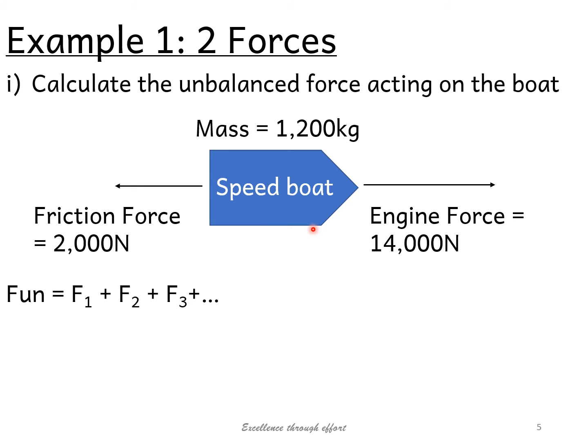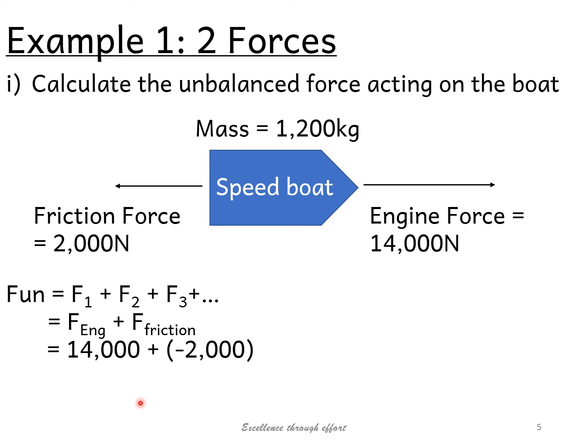The next step is the trickiest step, because here we have to substitute in our values. So we write down F engine plus F friction, and this is where we substitute in our values. Now, this is the bit where people can get confused, and this is where the routine really helps you.